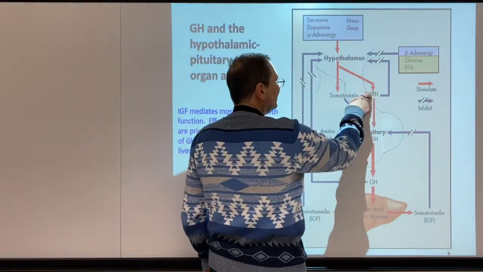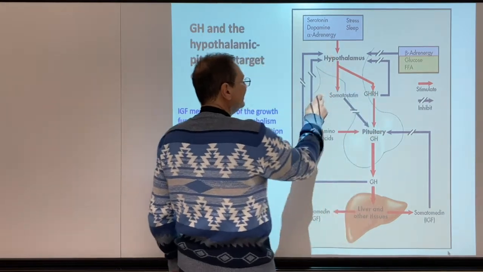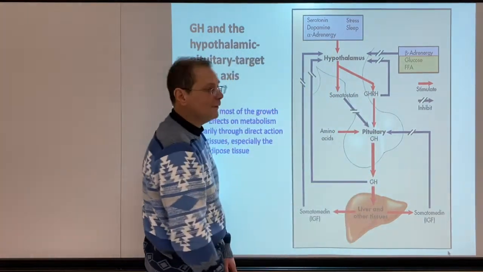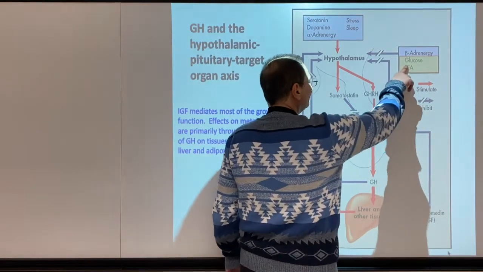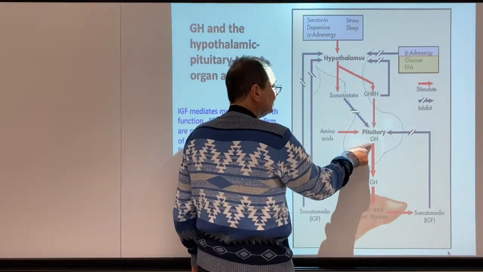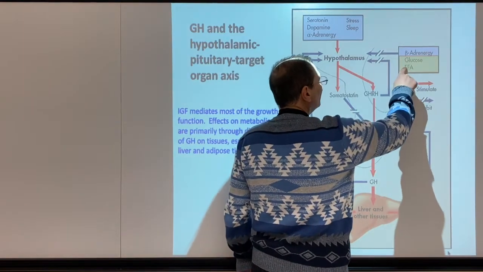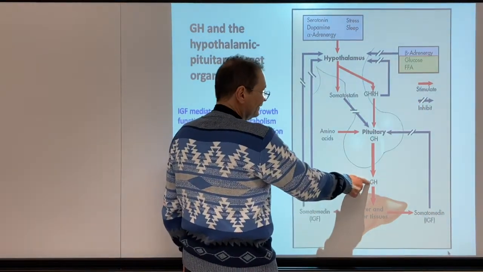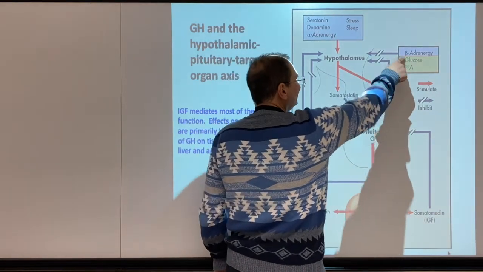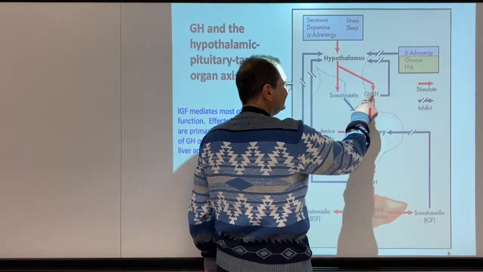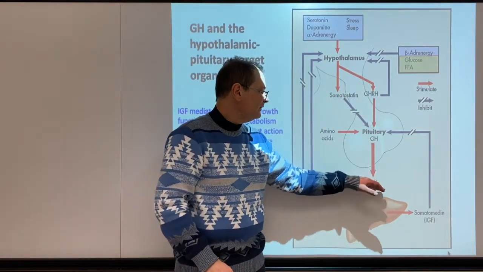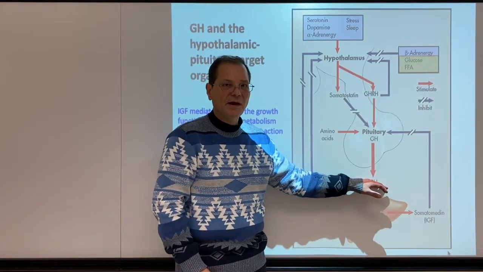release of GHRH from the hypothalamus and stimulates the release of somatostatin, which will decrease the release of growth hormone. So an increase in these levels decreases growth hormone, and a decrease in glucose and free fatty acids will cause an increase in growth hormone. They will cause a decrease here and here will cause an increase in GHRH and a decrease in somatostatin that will combine to increase growth hormone, okay?